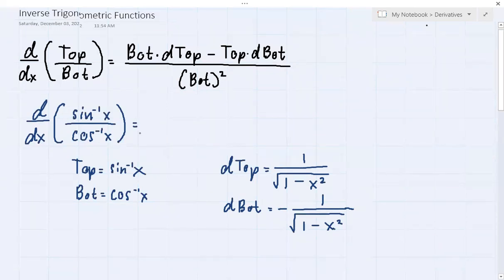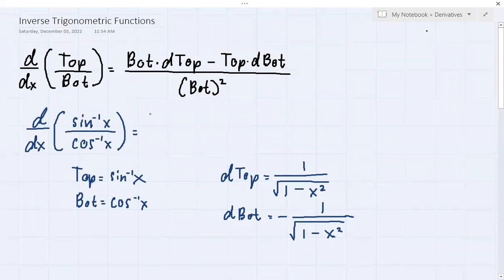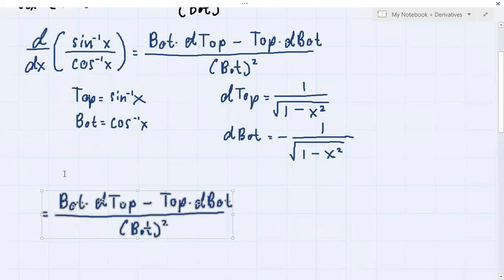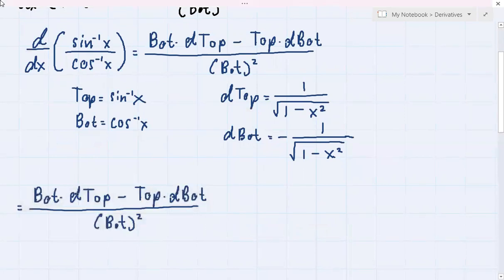Now, let's substitute it in this formula. So, yung formula natin, we have bot d top minus top d bot all over the square of the bottom. Ayan. So, I'll copy this one at ilagay siya sa baba. Ayan.